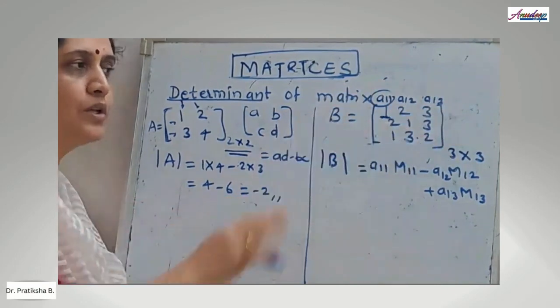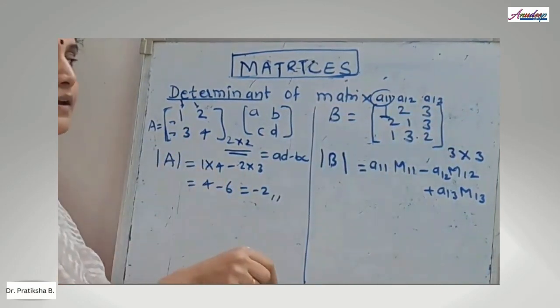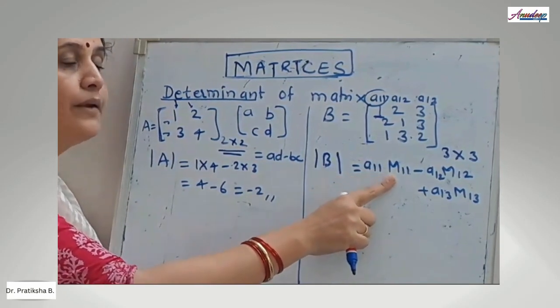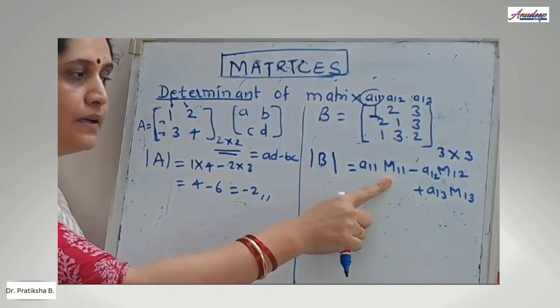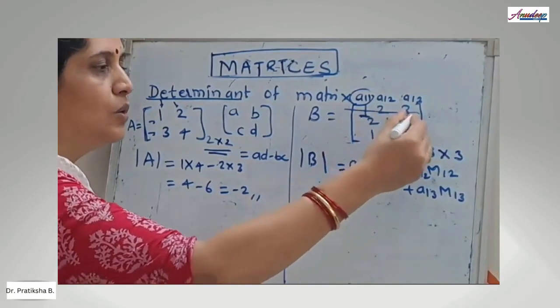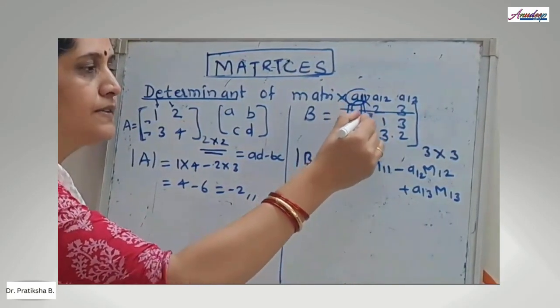So for the first row, if I denote the elements in the matrix by their position, then the formula becomes A11 into M11. M11 is the minor of the element A11. A minor is obtained by deleting the row and the column where this element is present.